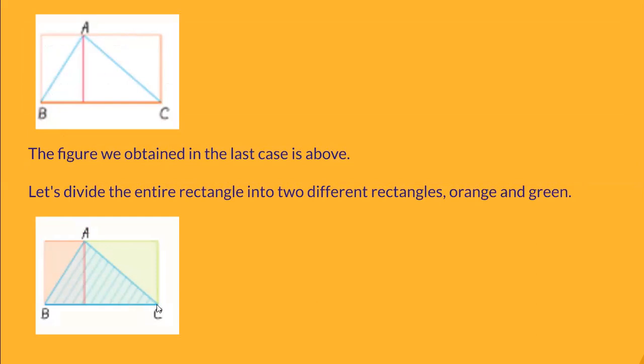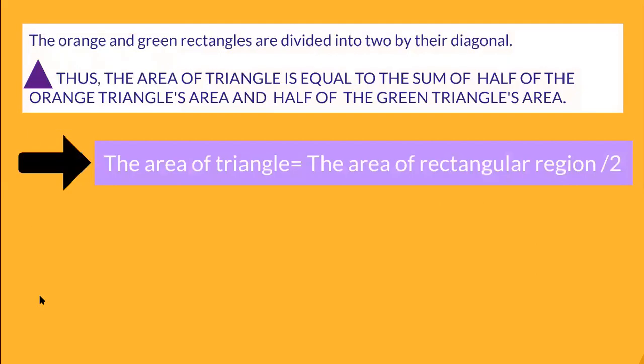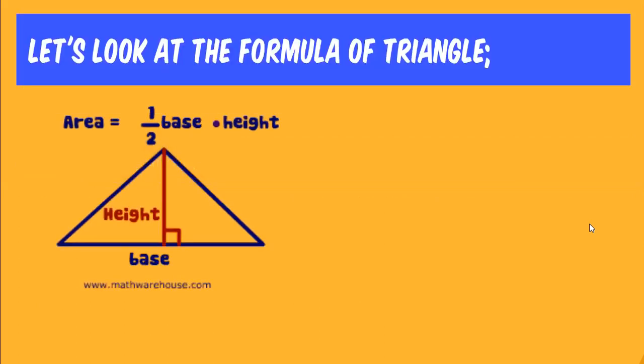This line, diagonal, the area of triangle is equal to the area of rectangular region over 2. Is there a problem? Now we can look at the formula of triangle.